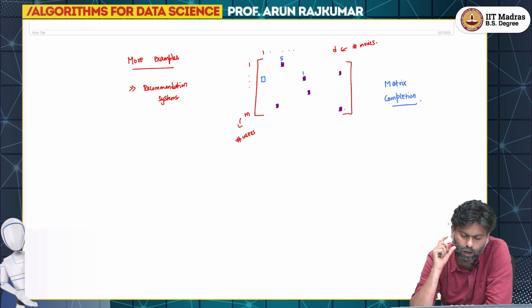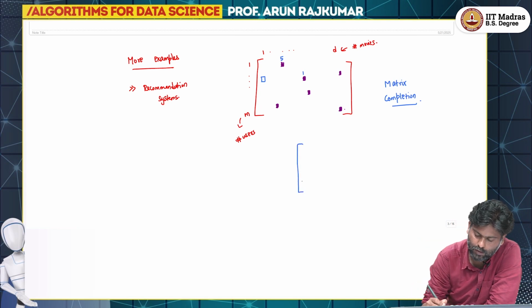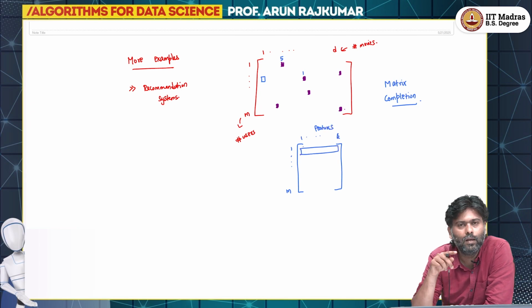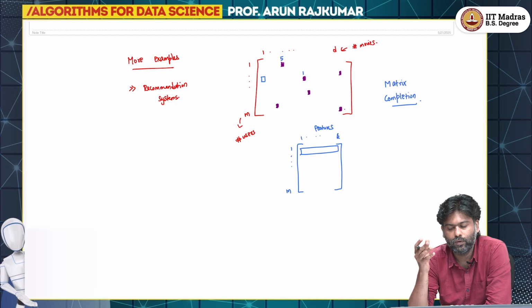So now every user is going to rate each of these features differently, right? So now you can think of this as there is a user cross feature matrix, with features 1 to k, and every user has different weightage for each of these features.